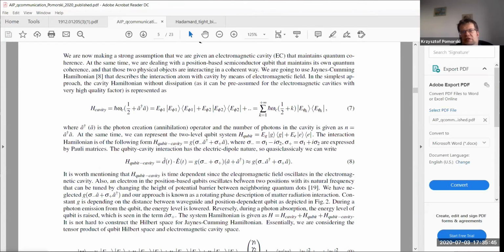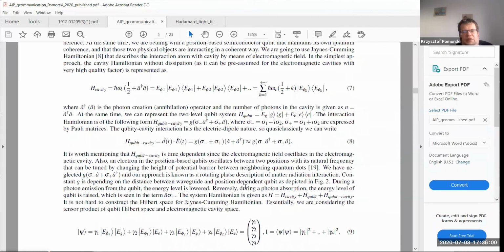So there is such an exchange of photons between the qubit and cavity. That is the signature of this interaction, mediated by photons.